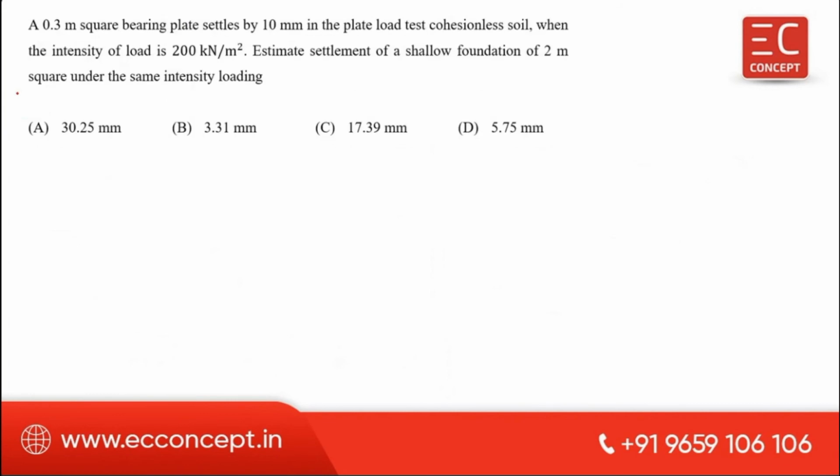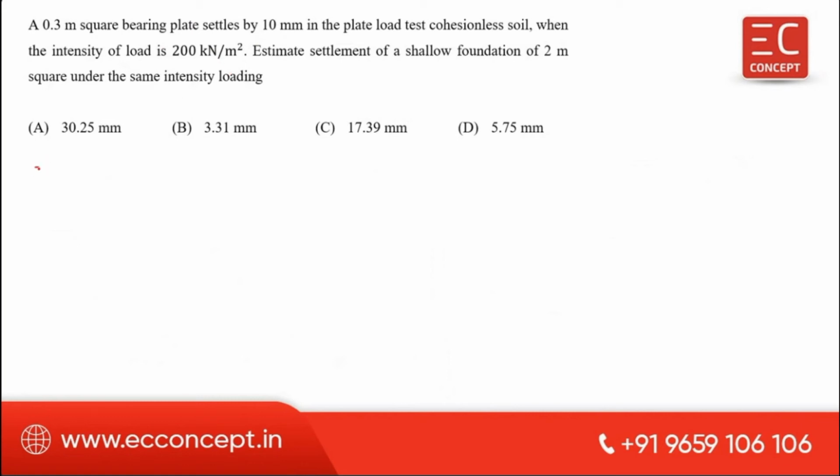Next one. Yeah, this is a very interesting question. A 0.3 meter square bearing plate settles by 10 millimeter in the plate load test of cohesionless soil when the load intensity is 200 kilonewton per meter square. Estimate the settlement of a shallow foundation 2 meters square under the same intensity.